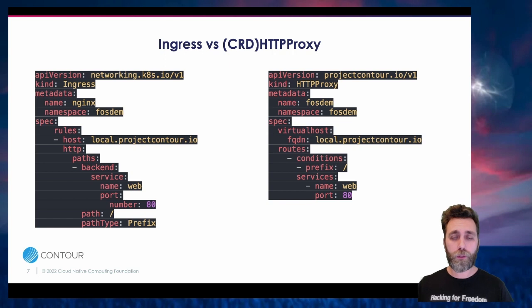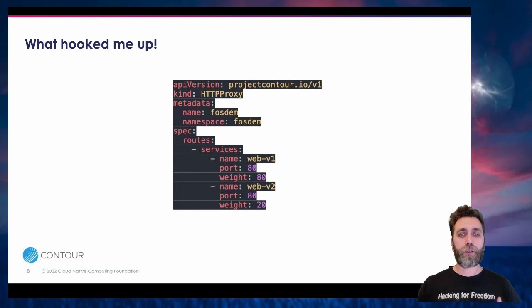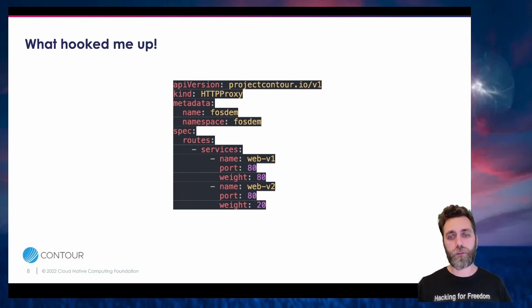So what hooked me the most from when I first saw the project and started playing with it was this one. You can specify two services in the same HTTP proxy, and you can put weights on them, which sounds okay, but it's great because you can send, like in this scenario, 80% of your traffic to version 1 and 20% to service version 2, which means you can do canary deployments.